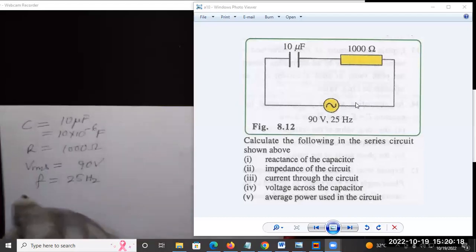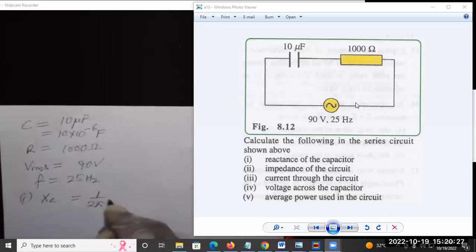The first question is for us to find the reactance of the capacitor. That is the capacitive reactance, 1 over 2 pi times frequency times the capacitance. We put in the values. Pi is 3.142, the frequency 25, the capacitance 10 times 10 to the power minus 6.